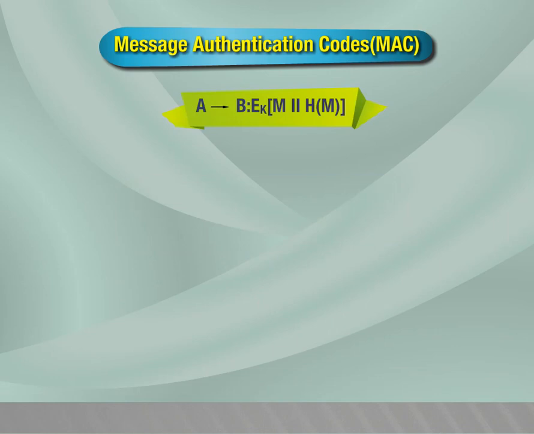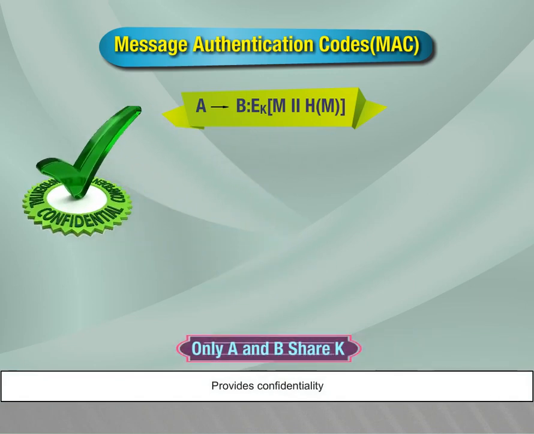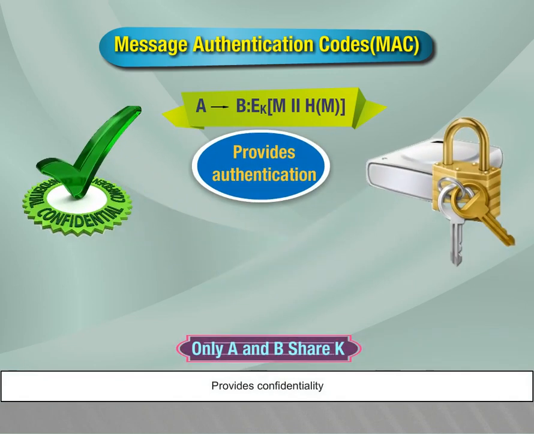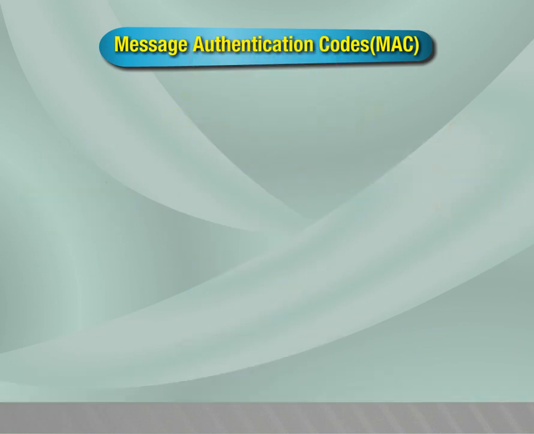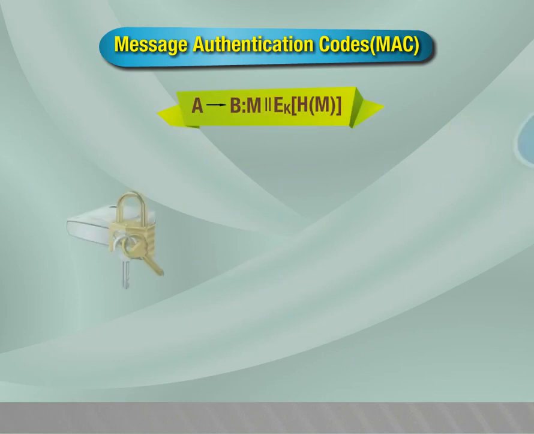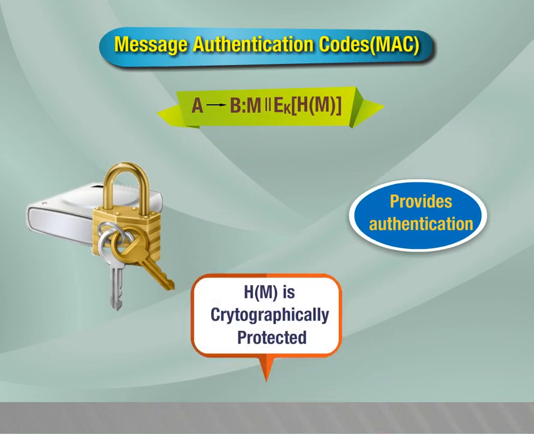A to B: EK(M || H(M)) provides confidentiality, only A and B share K, and provides authentication, H(M) is cryptographically protected. A to B: M || EK(H(M)) provides authentication, H(M) is cryptographically protected.